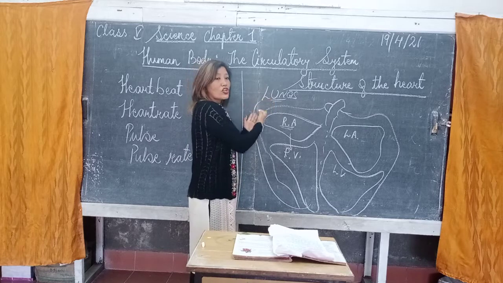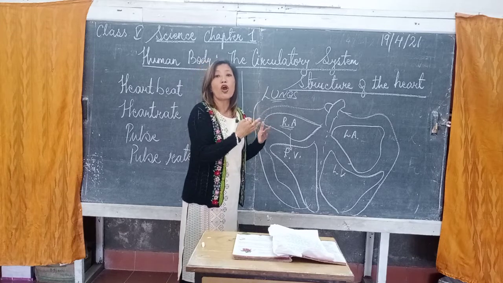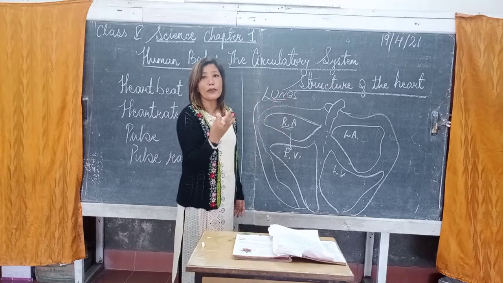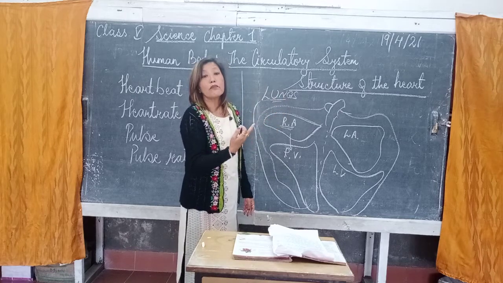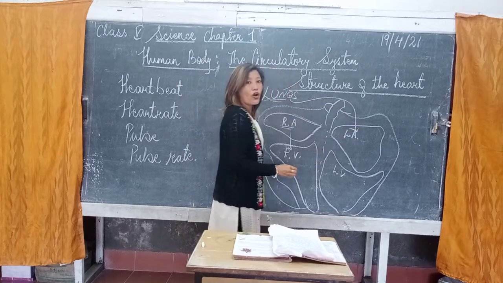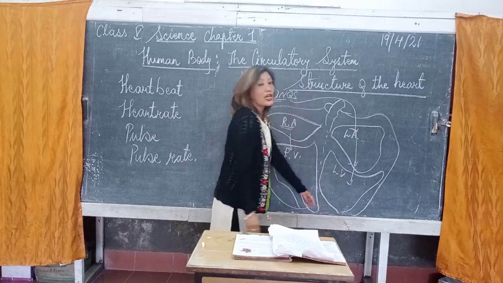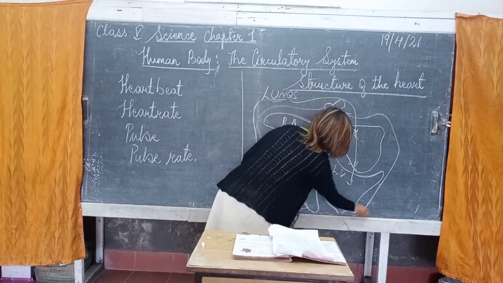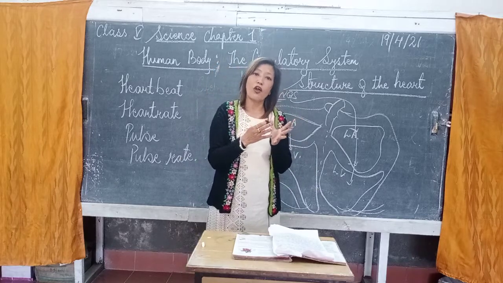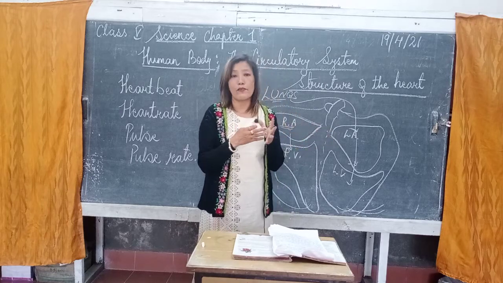In the lungs, the impure blood is purified and becomes oxygenated blood. That pure blood is received by the left auricle, and from the left auricle it passes to the left ventricle, and from the left ventricle the oxygenated blood is distributed to each and every part of our body. That is how the circulation of blood takes place through these 4 chambers.